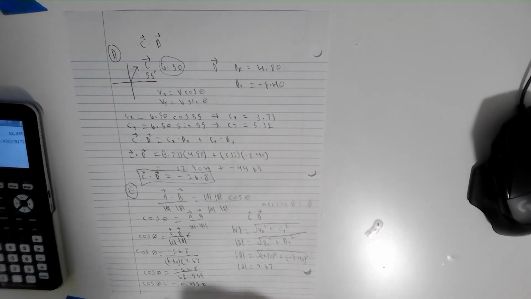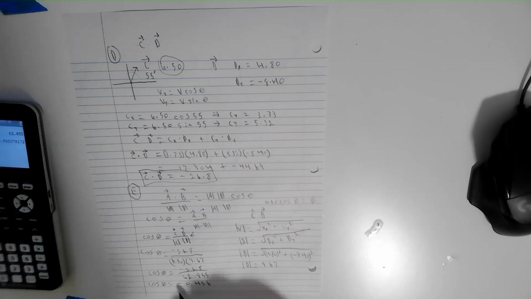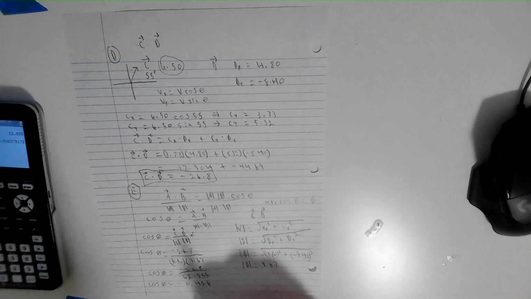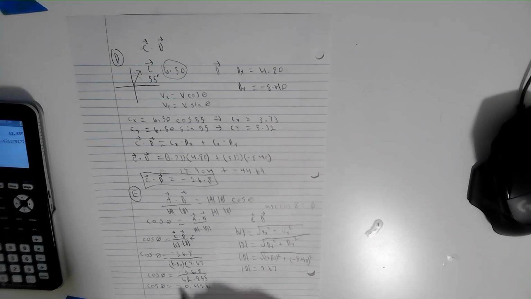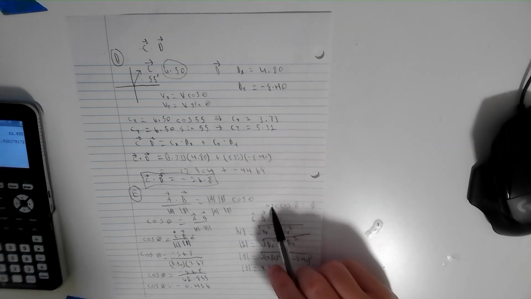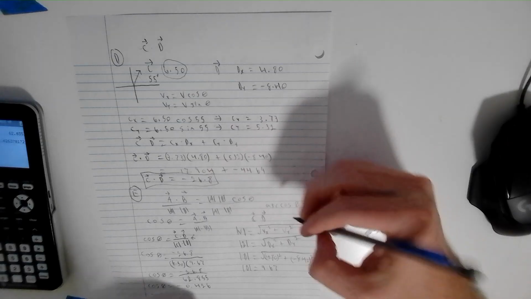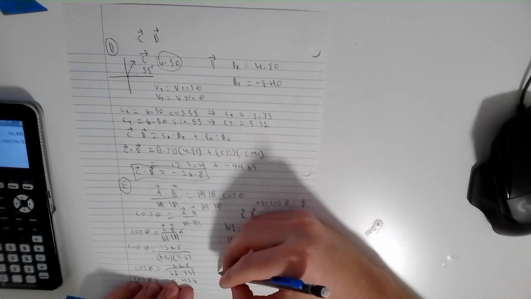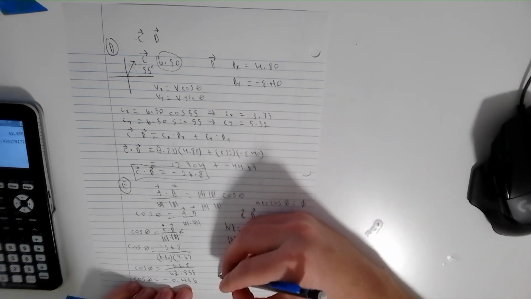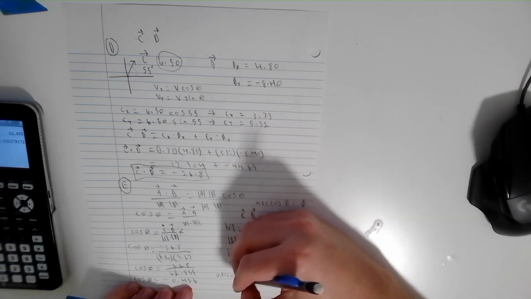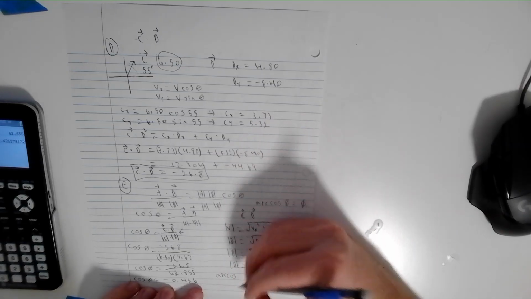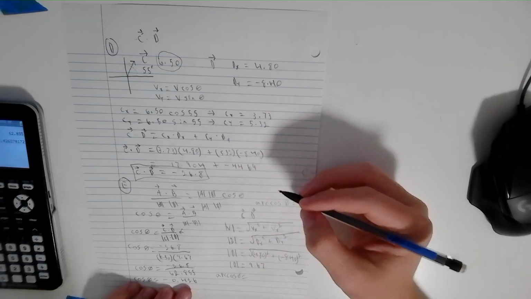And then we found cosine of theta equals negative 0.426, but we're not done. That's not the angle, that's the cosine of the angle. So we have to find the arc cosine of the value that we just got.